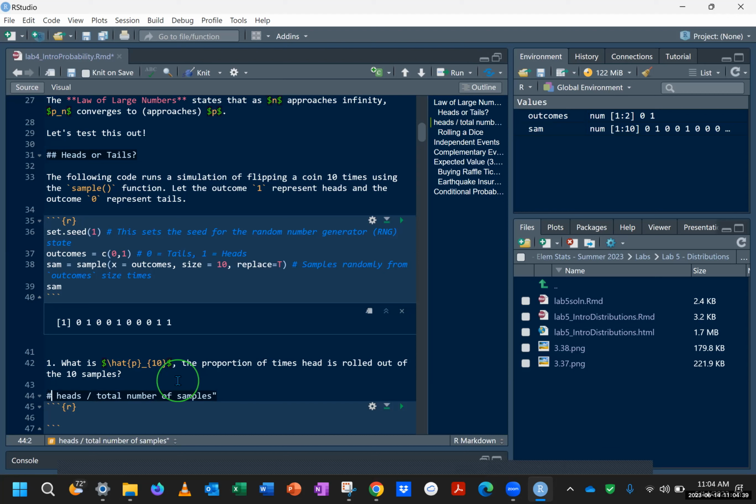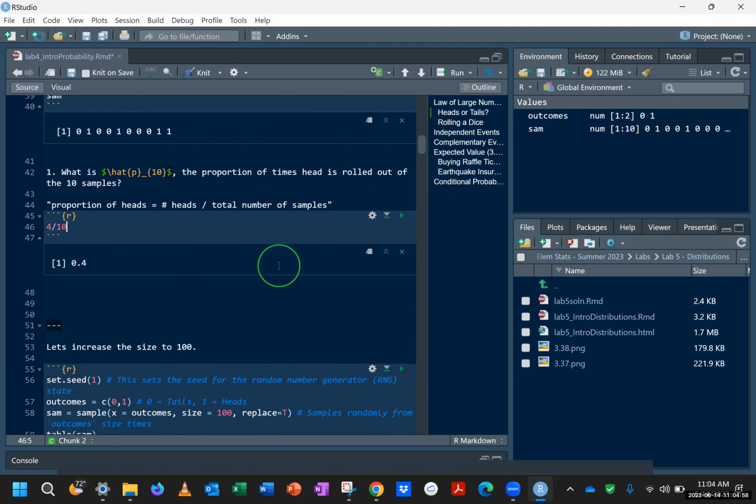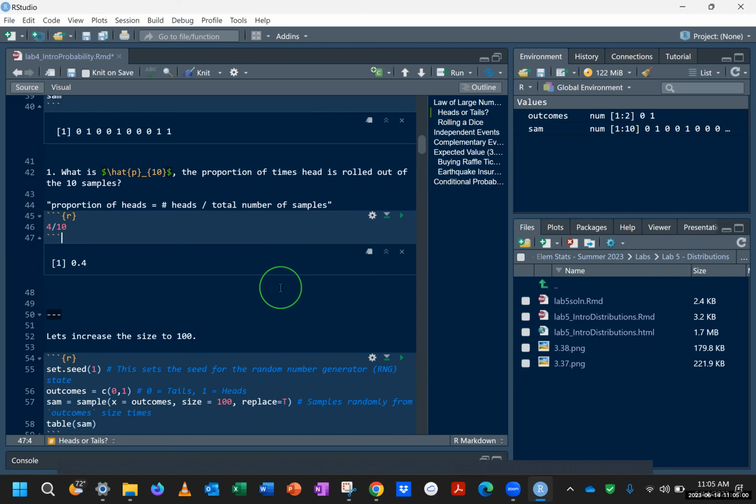Notice the hashtag makes a new section. So that's what we're finding, the proportion of heads. This is the formula we're going to use. How many heads do we find in this sample? We got 1, 2, 3, 4 heads, and we had 10 items. So our proportion of heads is 0.4, or 40%.